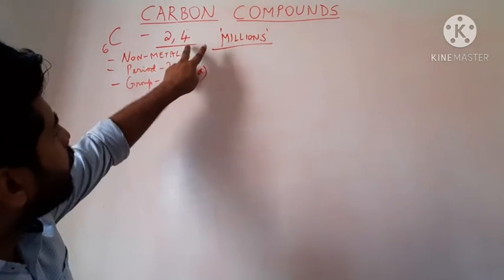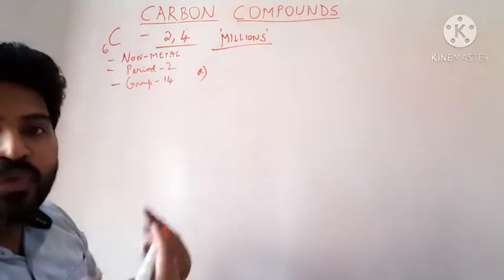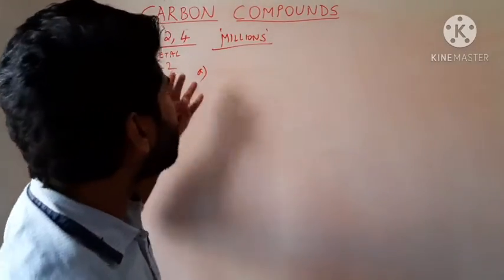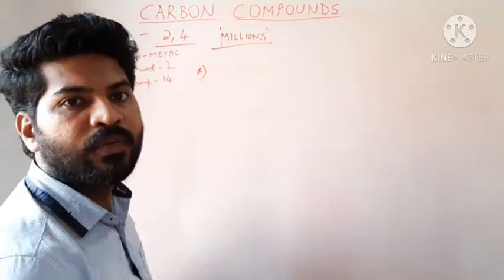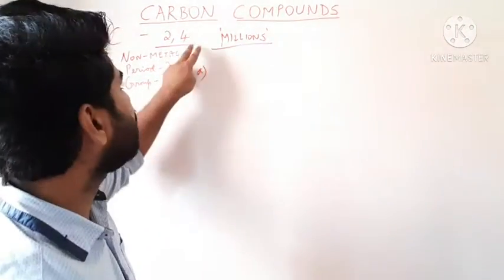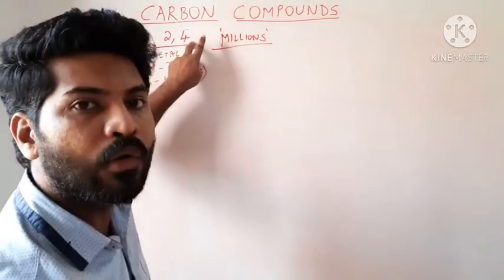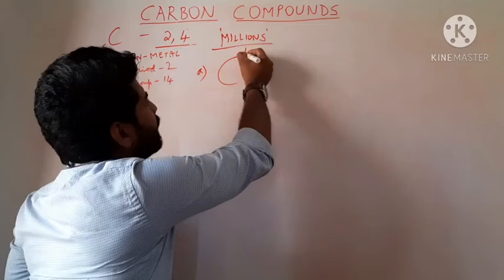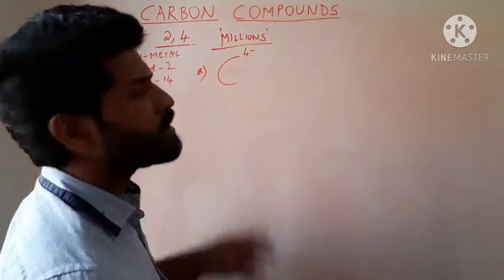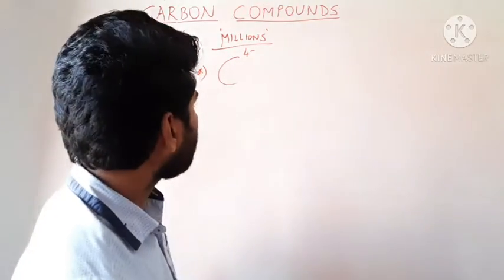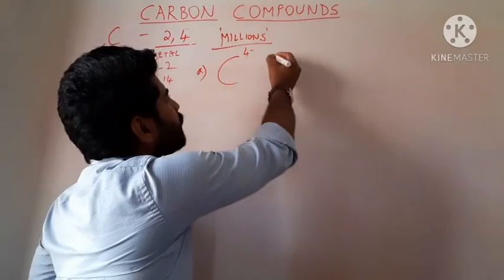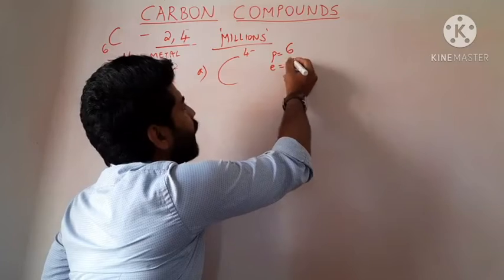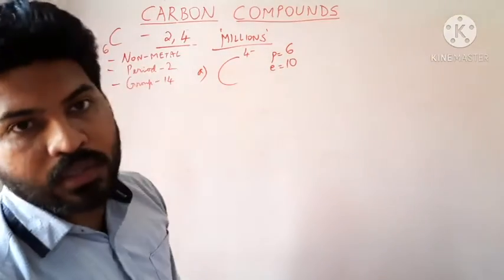Number one, carbon can gain 4 electrons. Being a non-metal, that is what we expect. If carbon gains 4 electrons, then it would have a completely filled outermost shell. But in the event carbon gains 4 electrons, it forms an anion. Carbon will have 6 protons, but it will have 10 electrons.